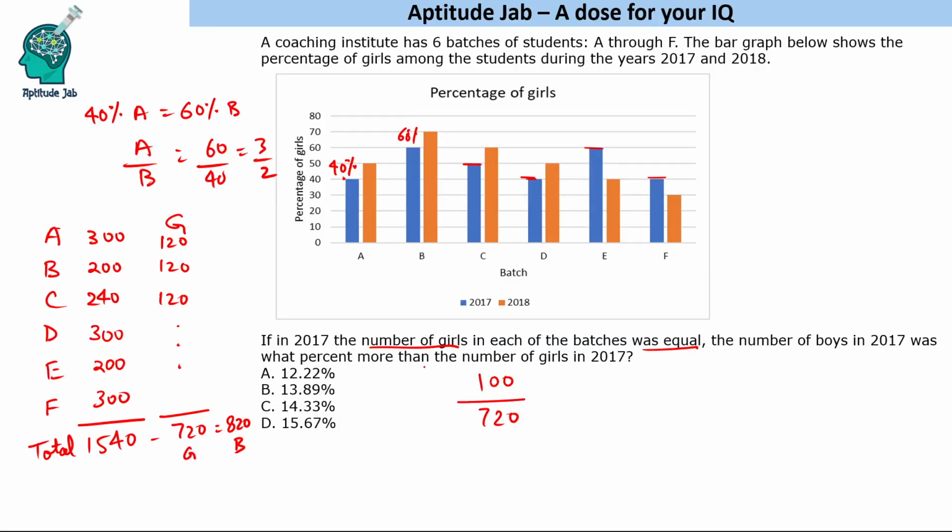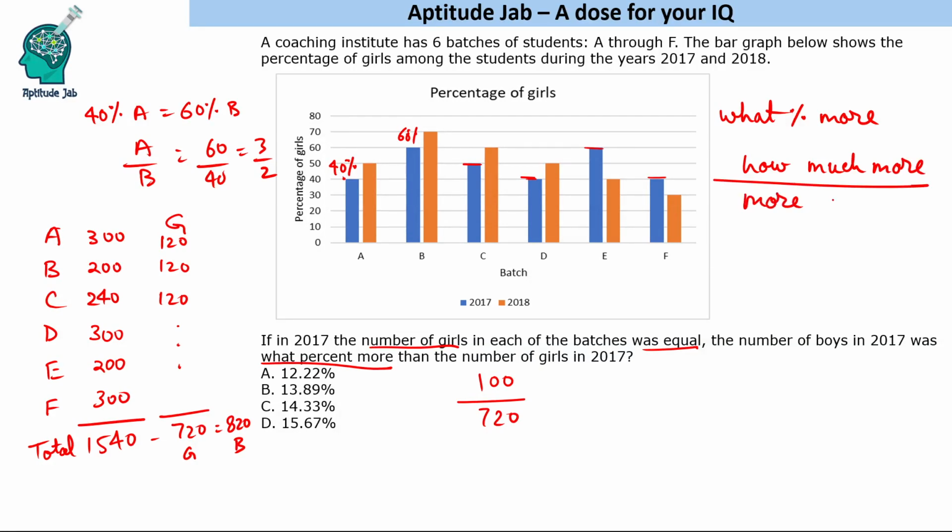Okay, whenever the question says what percent more, you should calculate how much more, upon more than what, and into 100. Okay, so how much more?